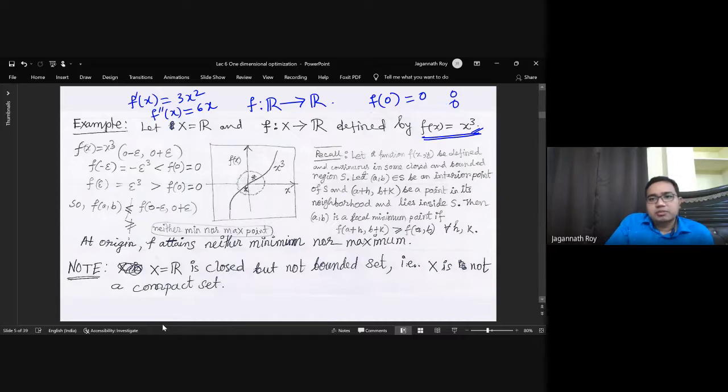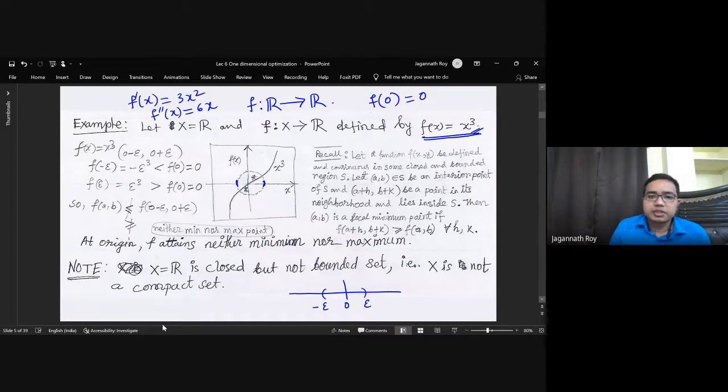Like we discussed when we discussed the saddle point, there we mentioned this problem. If you think about around 0, this is our 0 point, and this is epsilon and this is negative epsilon.